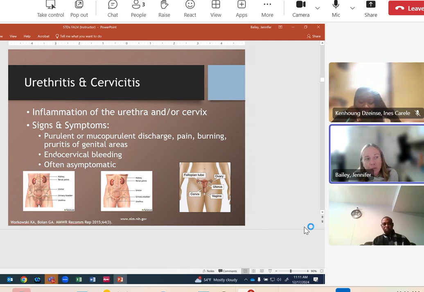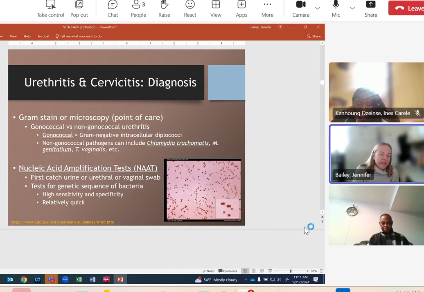A doctor may be able to see cervicitis, for example, if they do a pelvic exam and actually look at the cervix. But most of the testing is done based on labs. You can't tell the difference between chlamydia or gonorrhea, or other causes of urethritis or cervicitis by just looking. You have to do STD testing.